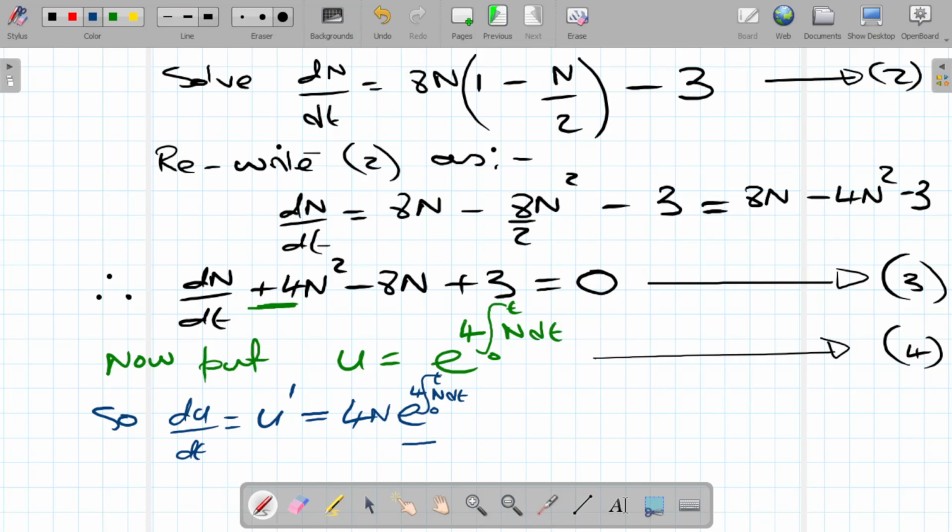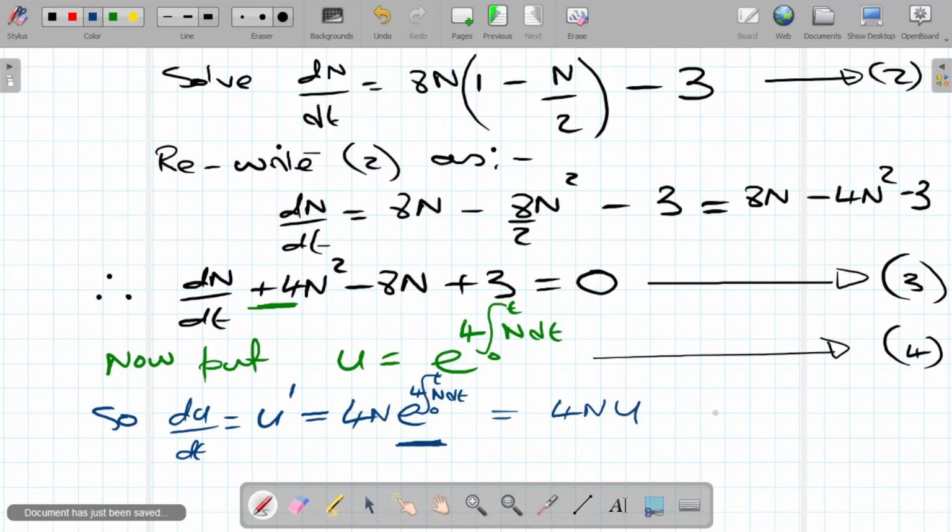Now we know what this exponential box actually is. We don't leave it like that. We know that e to the power of 4 times the integral of n dt is equal to u here. So we rewrite that as 4n u.